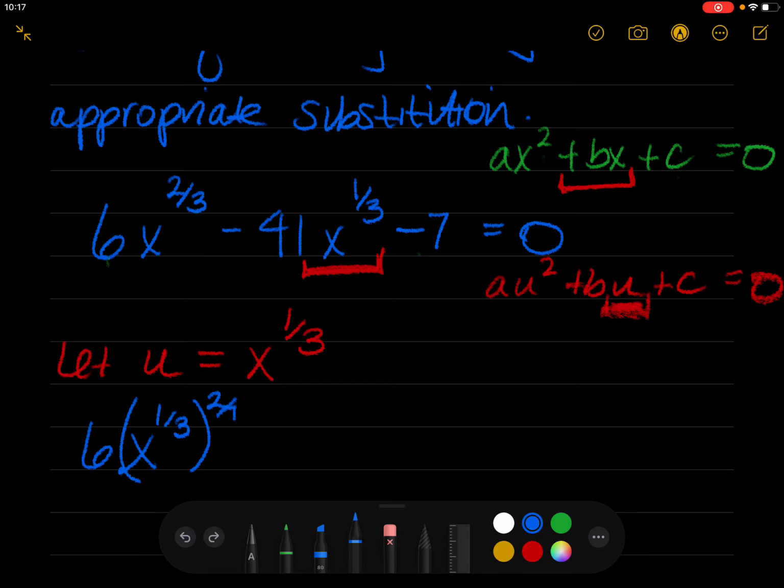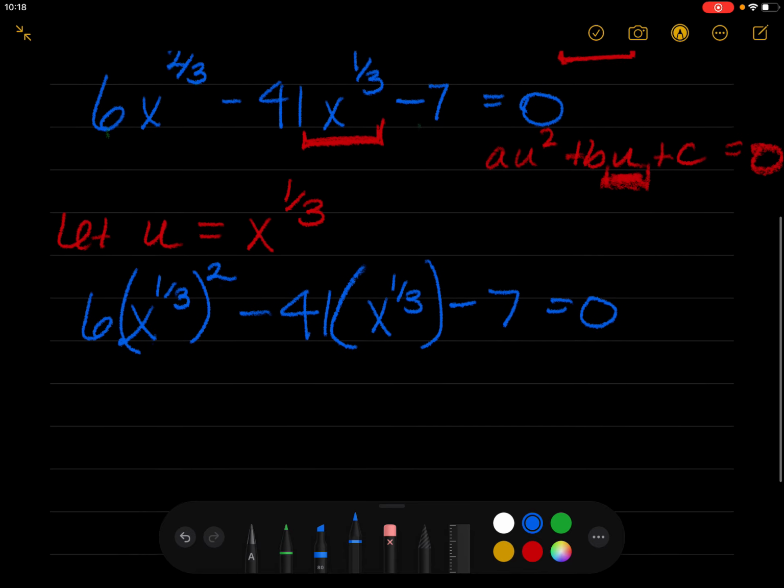So we can express it as 6 times x to the 1/3, and then that's squared. Looks good so far, right? We're going to do minus 41, and then the x to the 1/3, I'm just going to put parentheses around it. Minus 7 equal to 0.